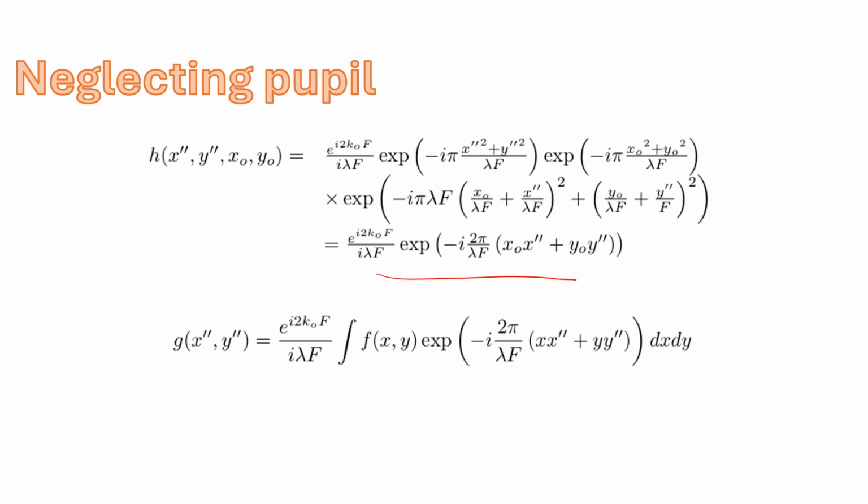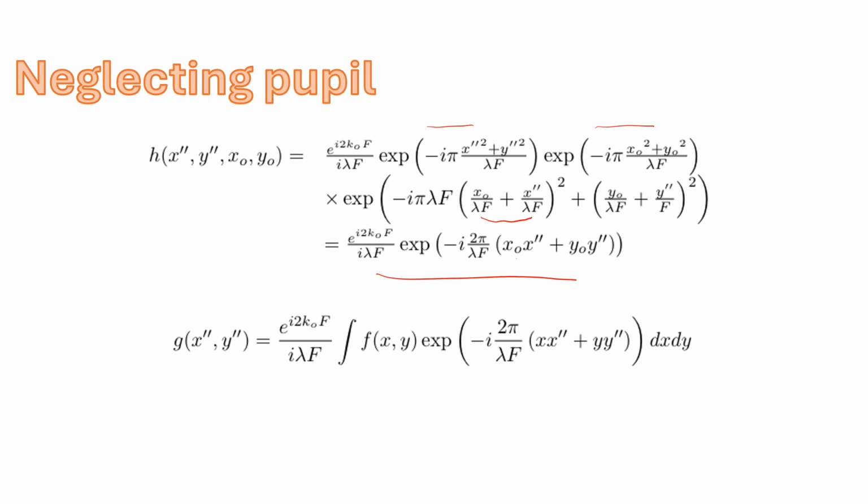So we're going to square the spatial frequency there, which is proportional to x naught plus x double prime. And that square will cancel with the quadratic phase terms that we had drawn out of our impulse response. Those terms will cancel, and we'll get a simple Fourier transform kernel for the impulse response between the input plane and the output plane. So as expected, if, for example, we had an impulse at x naught, we would get a harmonic term with a frequency proportional to x naught over lambda f at the output plane.